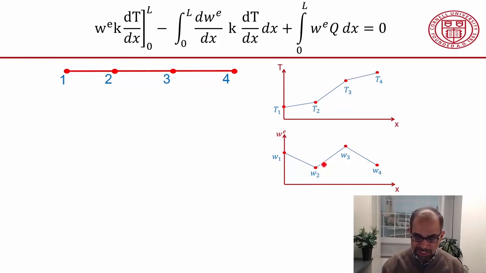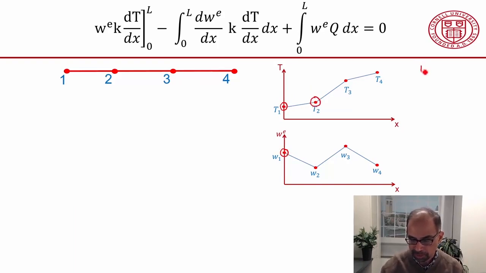And when I do this integration, I'll do it element by element. So when I do the integration over the first element, I'll get terms where I'll have W1 multiplying T1, and I'll also get a term where W1 multiplies T2.